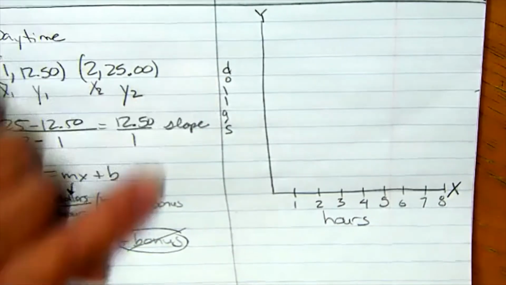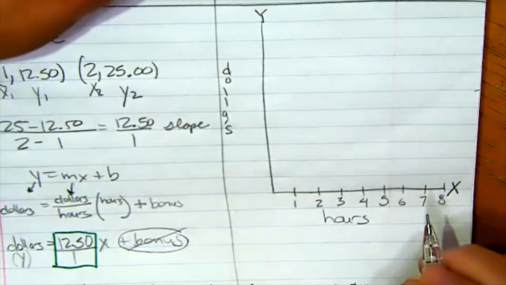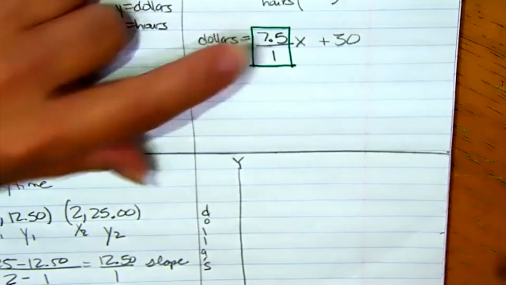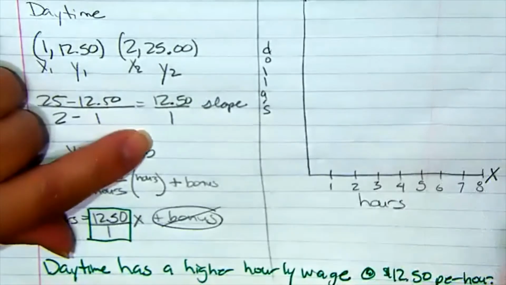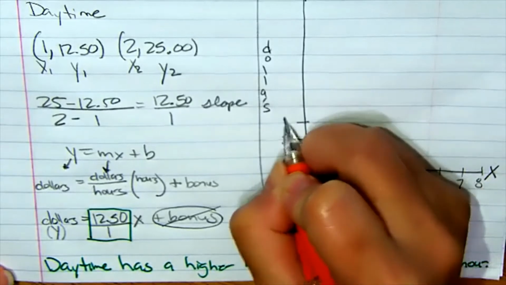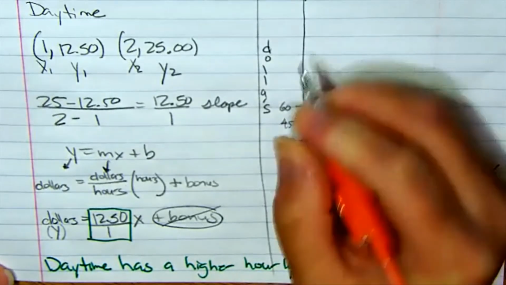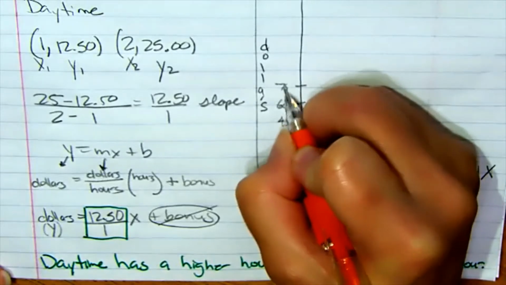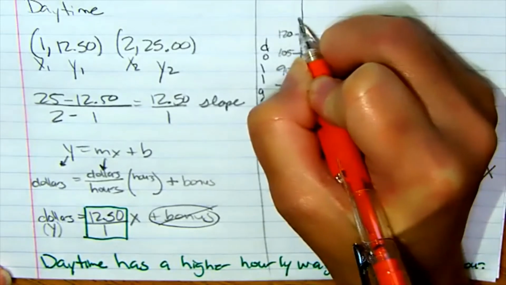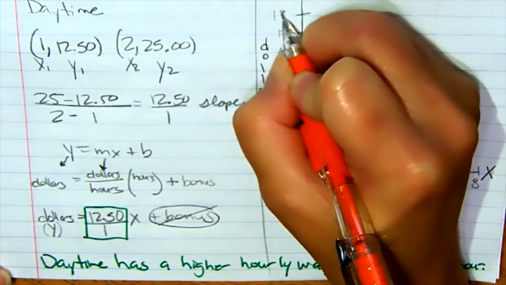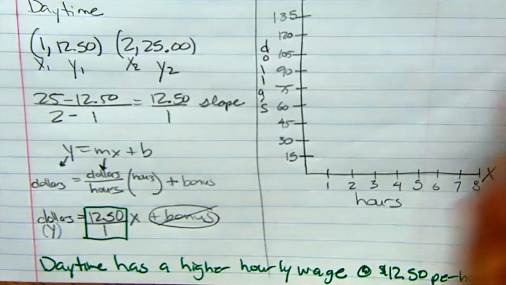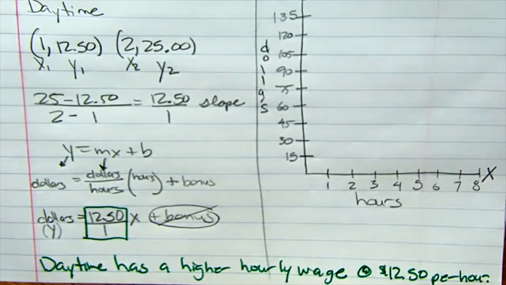And my scale for dollars, since this is 7.5 and 7.5, that's 15, and 12.5 and 12.5, I'm going to go with a scale of 15: 30, 45, 60, 75, 90, 105, 120, 135. So my dollars are a scale of 15. My hours are on a scale of 1.